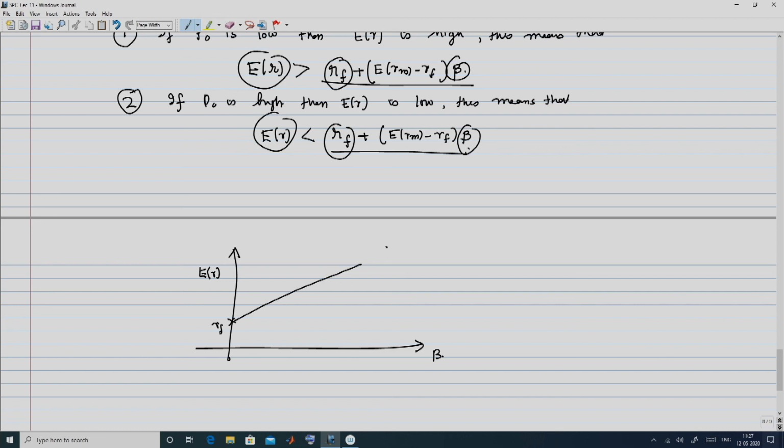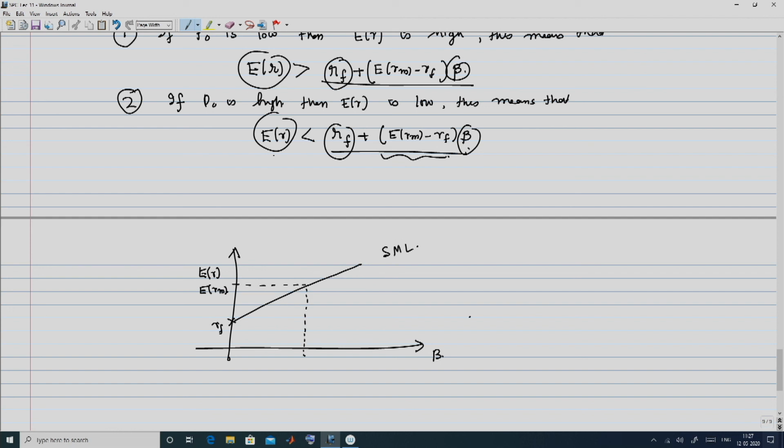So, this equation is what is known as the SML, with the slope being given by this. So, here I will have E of Rm. So, this point here, when E of r is E of Rm, right.